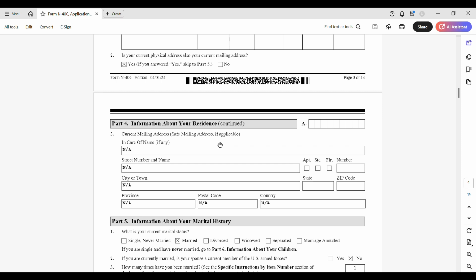Again, we have already satisfied the 3-year requirement. We would not put any additional information here. That's why we placed N/A or not applicable in the spaces. Again, remember to always type in or write in your alien number.